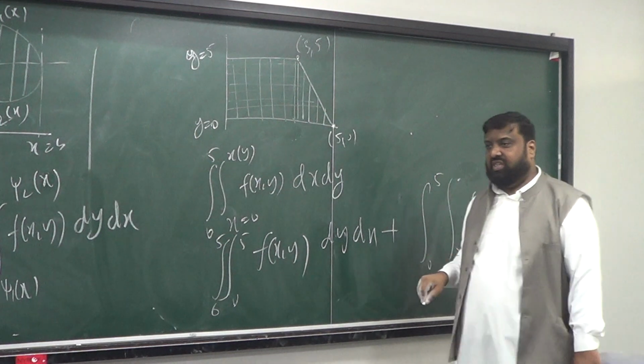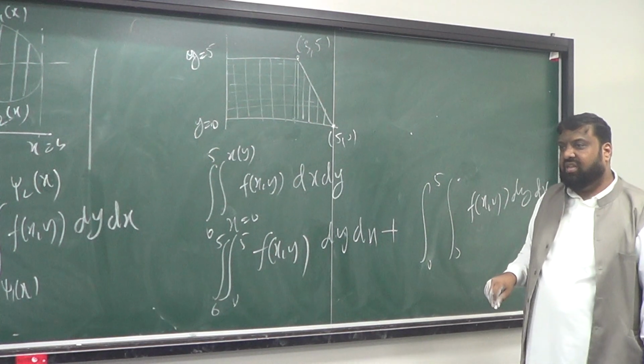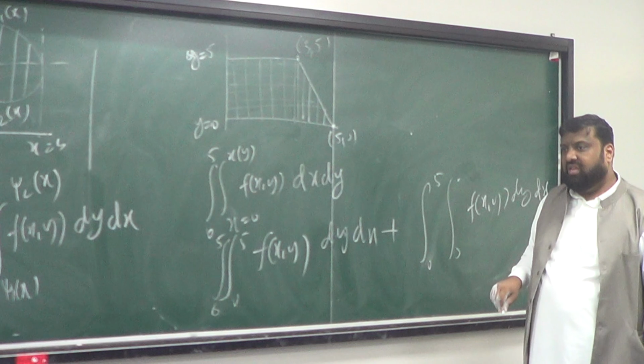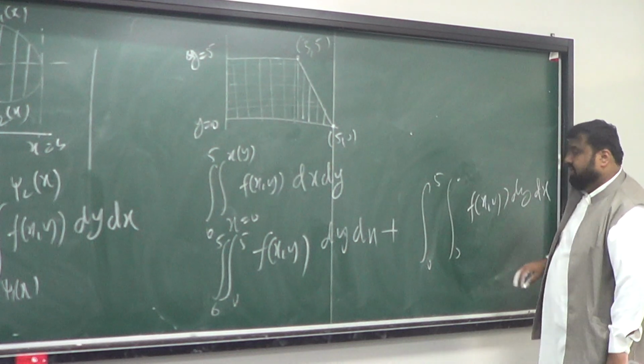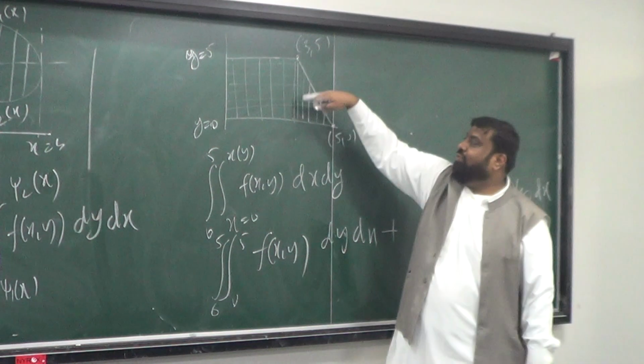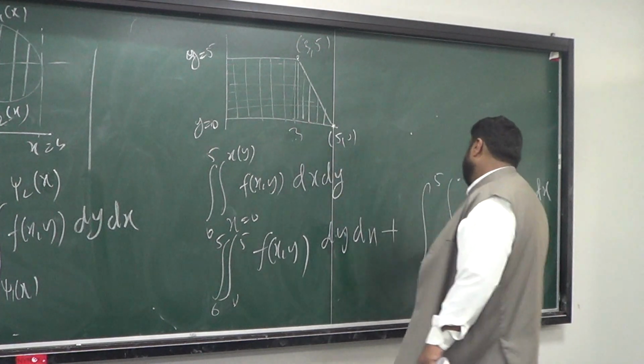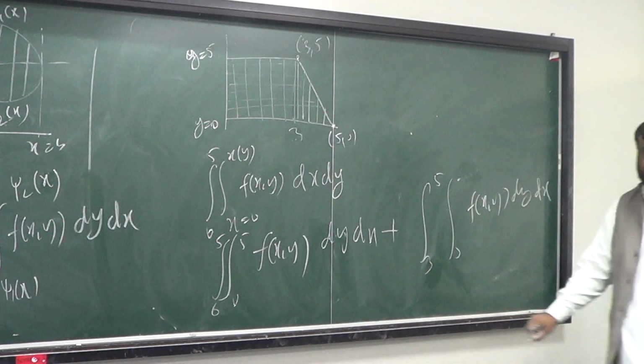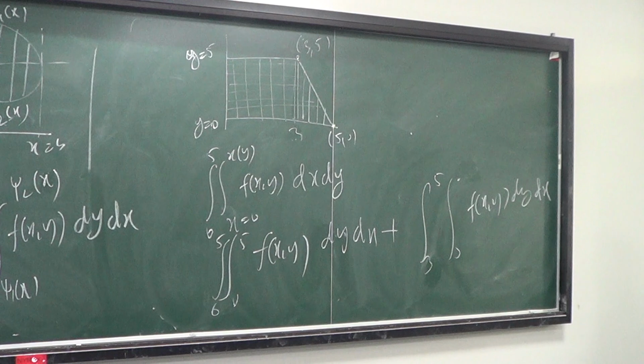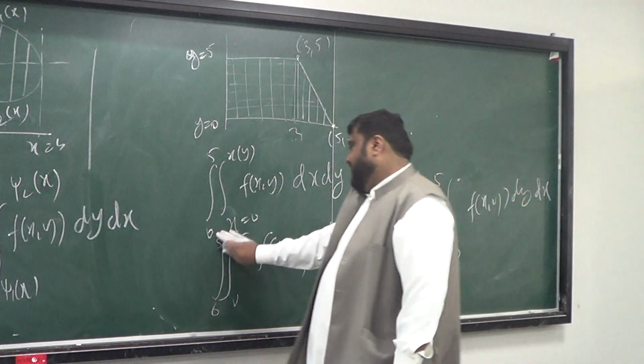So here we are taking 0 to 5 total for x. Okay, this is a good point. I shouldn't take 0 to 5 here, but this is a very good point. It should be 0 to 3 here. 0 to 3 should be taken.